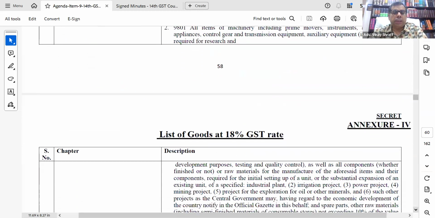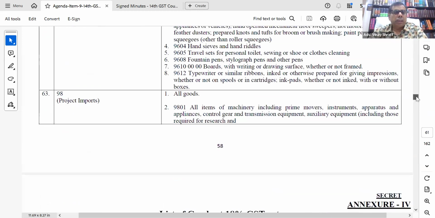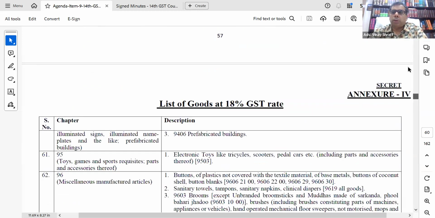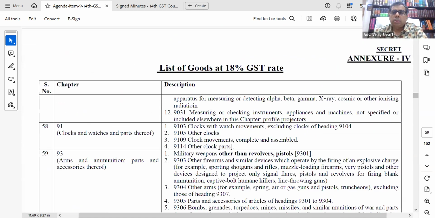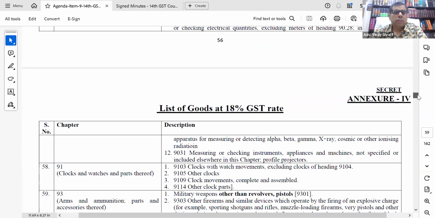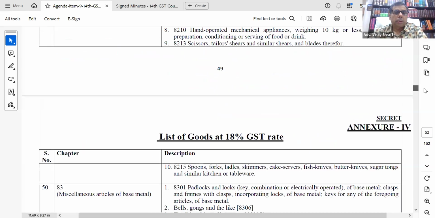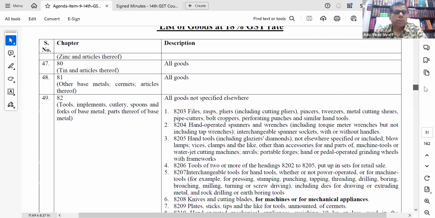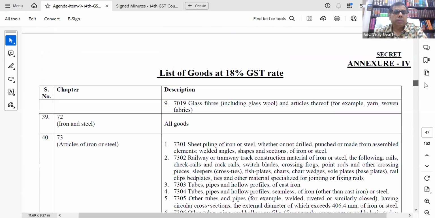And as you can see, there is no residual entry. If I scroll further up also, I don't see the residual entry.